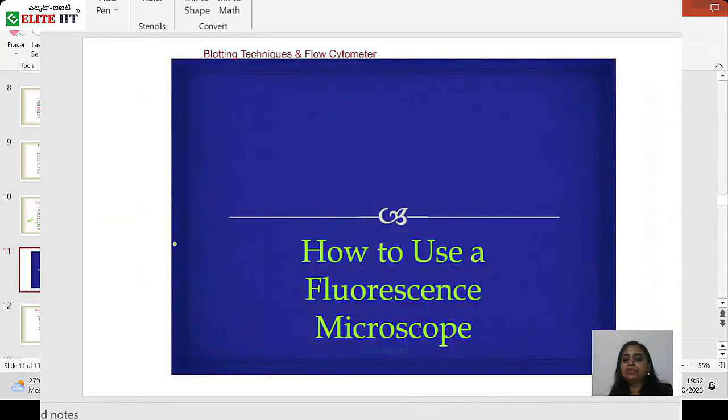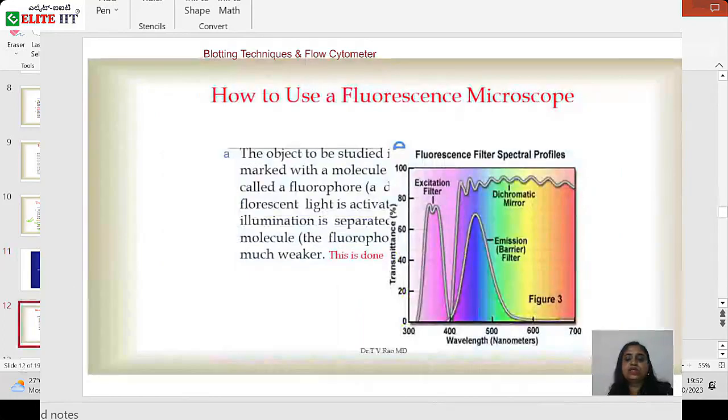Now, how to use fluorescence microscopy? The object to be studied is marked with a molecule called a fluorophore. So whatever you want to identify, if you want to identify any cell, first of all you have to add a fluorophore to that cell.